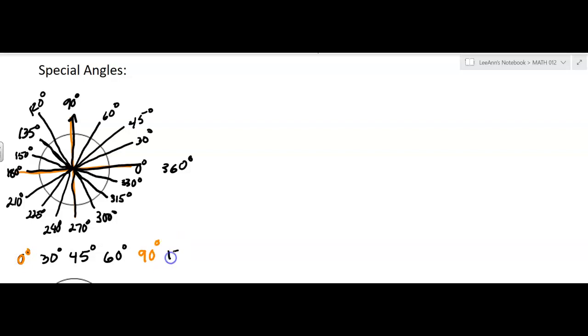I'm at 120 degrees, 135 degrees, 150 degrees, and then the next quadrantal angle, which is 180 degrees. I might have to write a little smaller. Okay, now quadrant 3. 210 degrees, 225 degrees, 240 degrees, and the next quadrantal angle, which is 270 degrees.